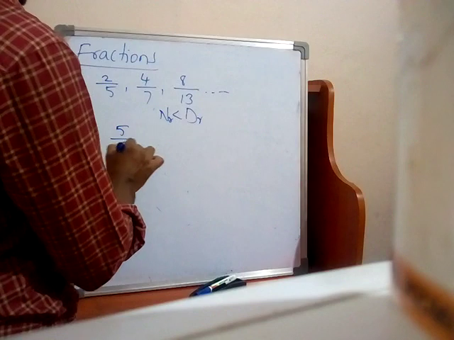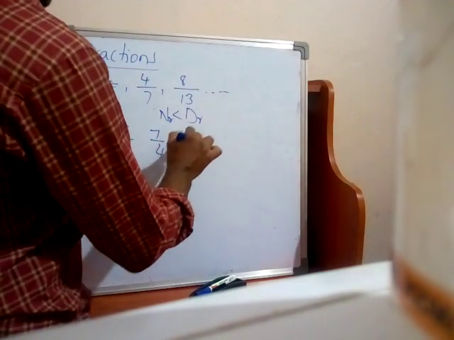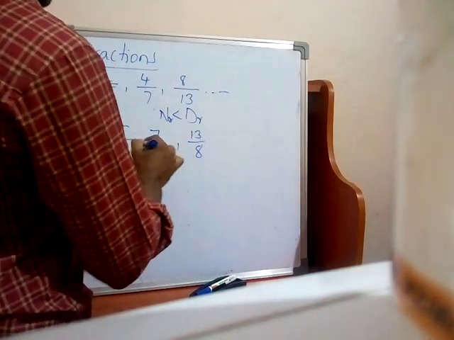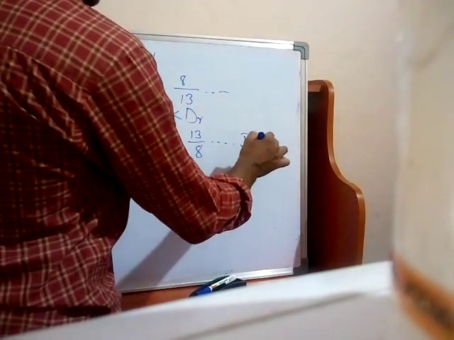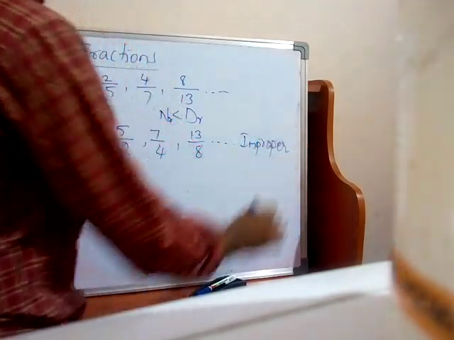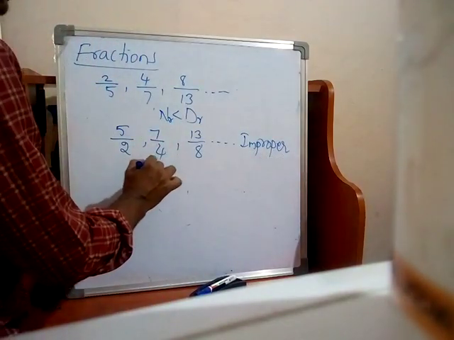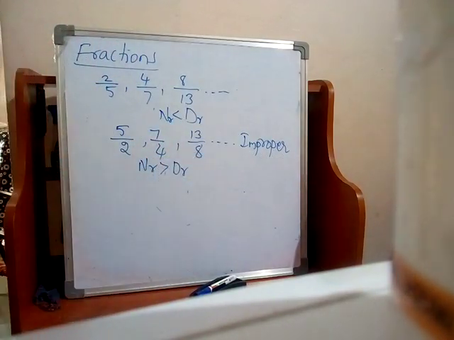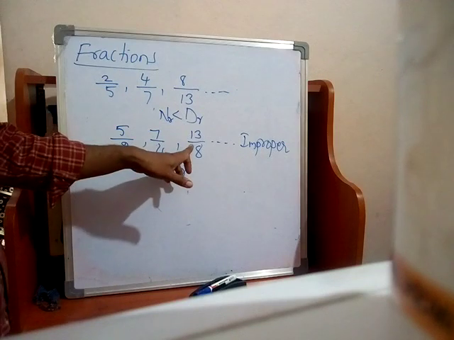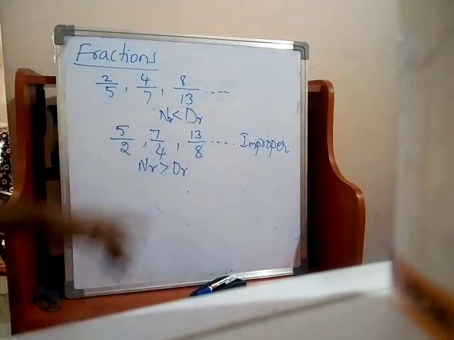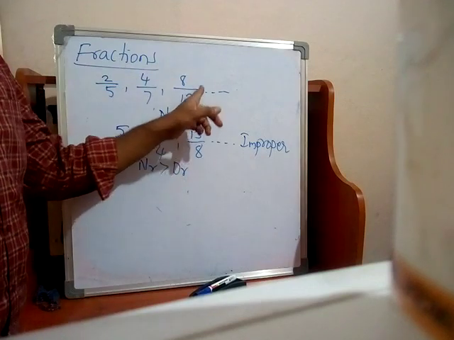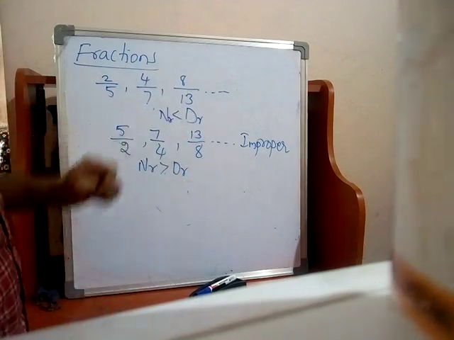If you take 5 by 2, 7 by 4, 13 by 8, these are improper fractions. Here the numerator is greater than the denominator. If the numerator is greater than the denominator, such fractions are called improper fractions. If the numerator is less than the denominator, they are called proper fractions.